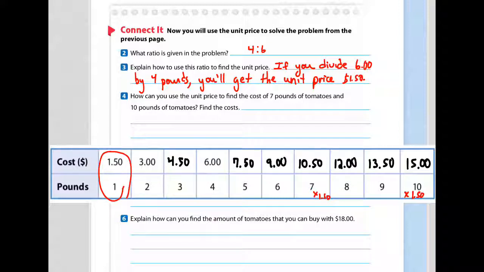So you just need to multiply the pounds of tomatoes by the unit price.